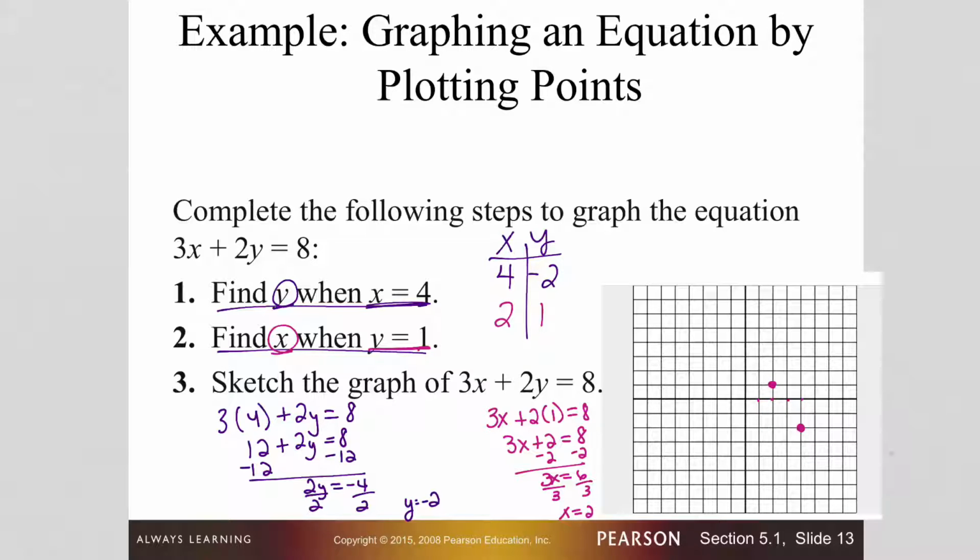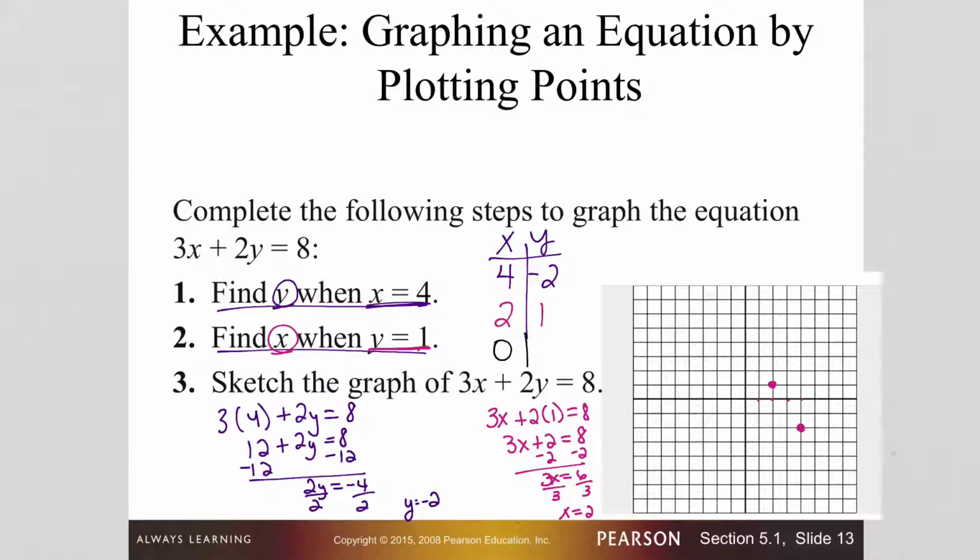Now, I want to know if maybe I made a mistake in my math with these 2 points. So I'm going to pick just one other random point. And I'm going to let, I don't know, let's find the y-intercept. So let's use a different color and let x equal 0 and see what happens.